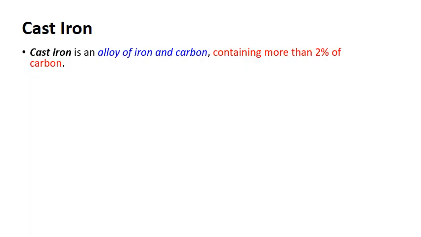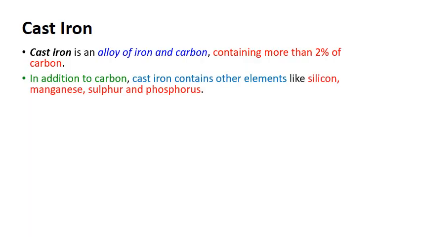Cast iron, so you would have heard it and read it many times in the last 2 years. So it is basically an alloy of iron and carbon. I hope you remember that iron carbon diagram, right? So when do you call it a cast iron? When the carbon percent is more than 2%. Okay. So does it contain only iron and carbon?